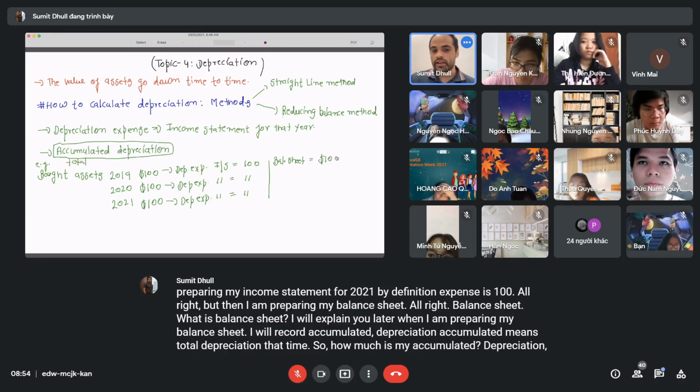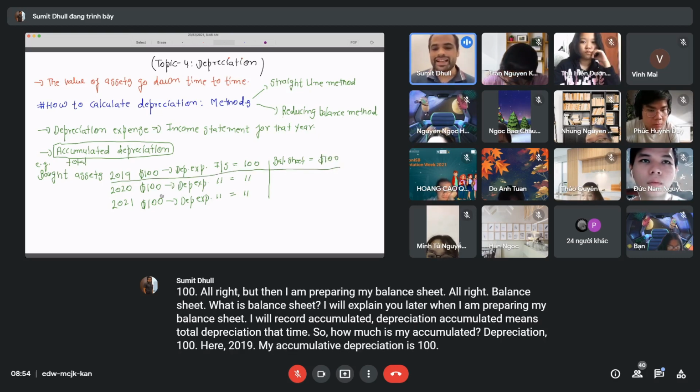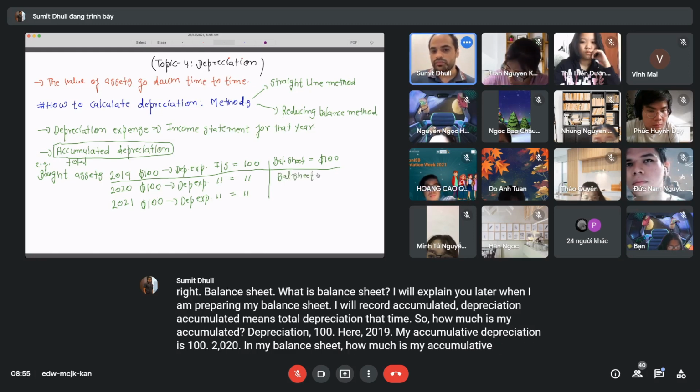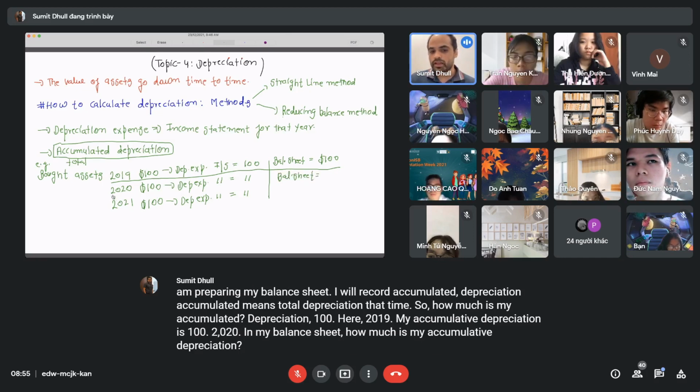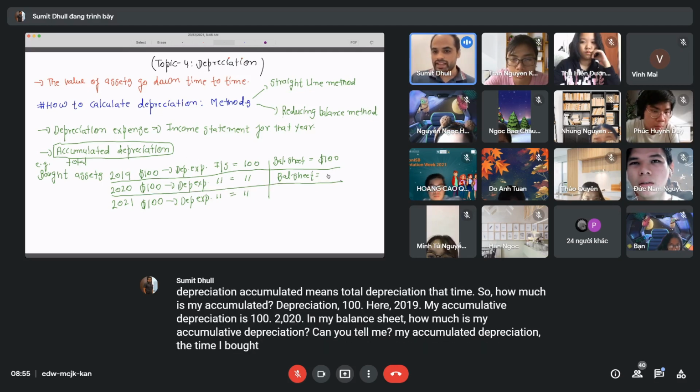In 2019, my accumulated depreciation is 100. In 2020, in my balance sheet, it is 200.